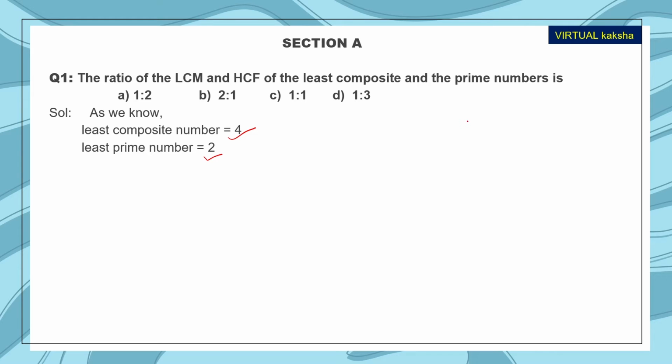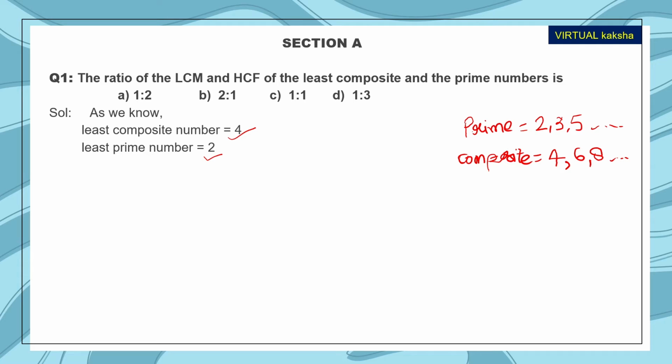Prime numbers are 2, 3, 5 and so on; 1 is not a prime number. So the least prime number will be 2, and 3 is not a composite number. Composite numbers start from 4. It has many factors: 1, 2 and 4. Then 4, 6, 8 and so on.